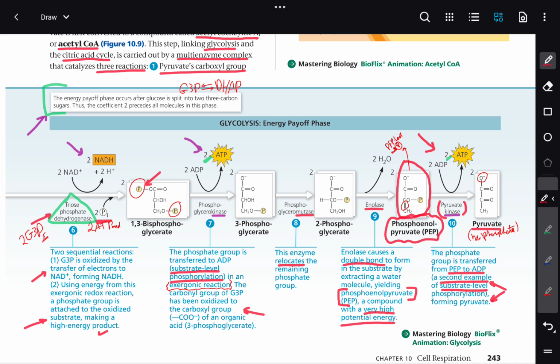It's called triose because the G3P is a 3 carbon thing. Now, phosphate, because G3P has a phosphate, each has 1 phosphate.